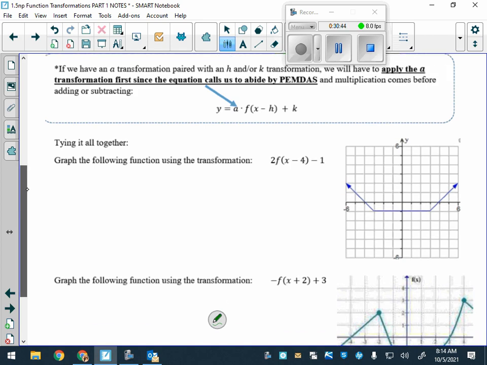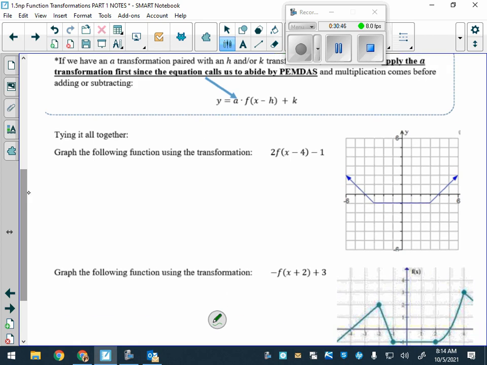So here, this doesn't have the vertex at all, this graph. Okay? So what are the transformations happening? Let's start there first. Hannah, give me one. Vertical stretch by 2.